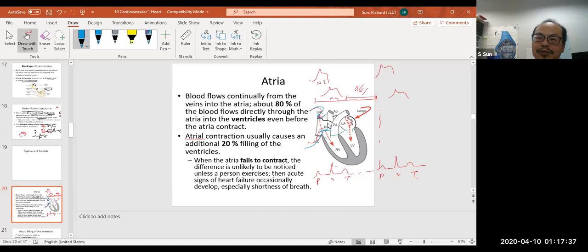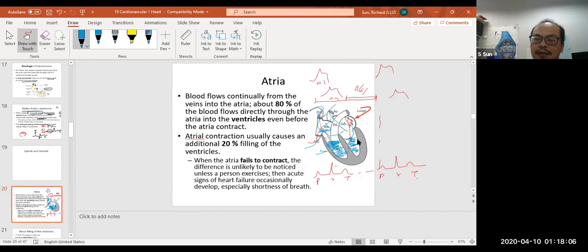However, at this point, nothing is contracting. So blood can freely go all the way from the atrium to the ventricle and start to build up to about 80%. And the same thing here, from the lung, going into the left atrium to the left ventricle, it starts to build up.